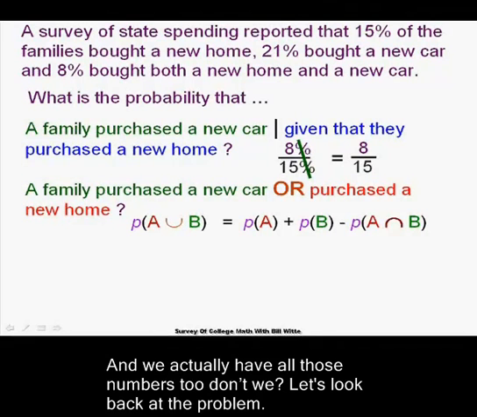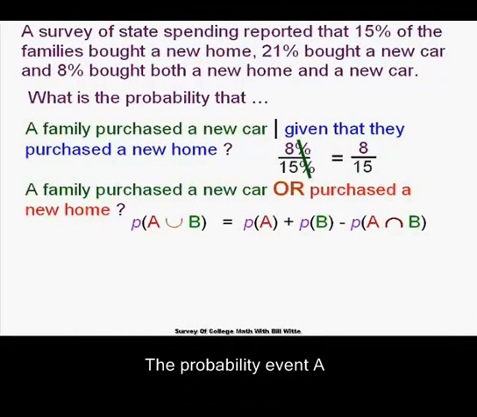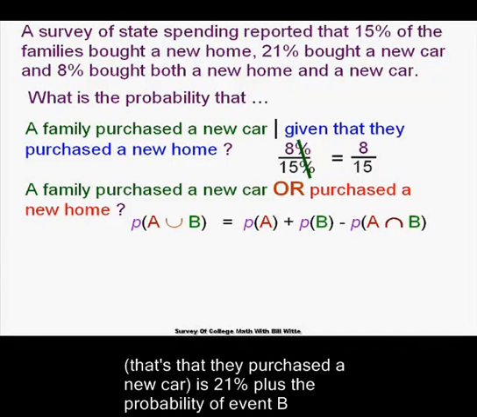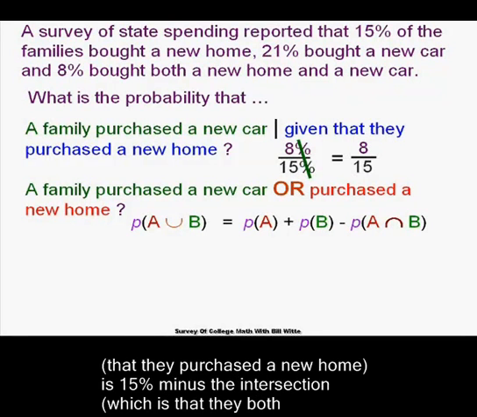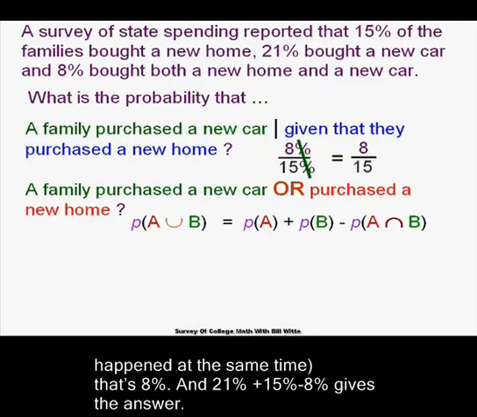Okay, let's look back at the problem. The probability of A union B is going to be the probability of A. Let's see, that's going to be the probability that they purchased a new car. That's 21%. Plus the probability of B, that's that they purchased a new home. That's 15%. Minus the intersection, that's that both happened at the same time. That's 8%.